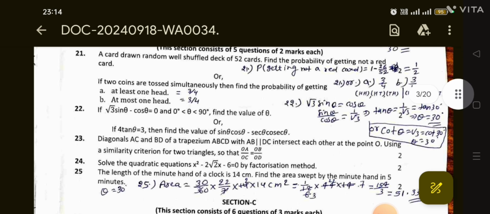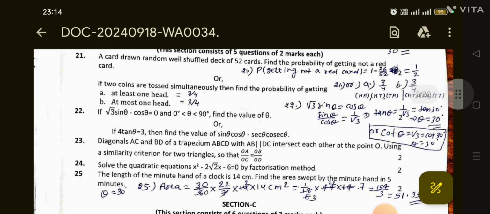So the right answer is 3 by 4. For part B, at most one head means the minimum can be 0. So the favorable outcomes are also 3. So 3 by 4: head tail, tail head and tail tail. In 3 conditions, tail is possible.